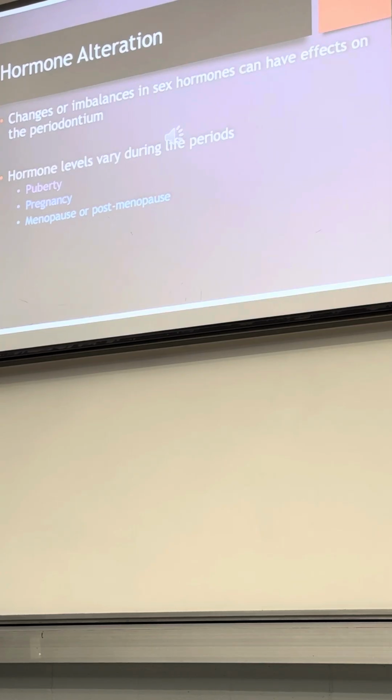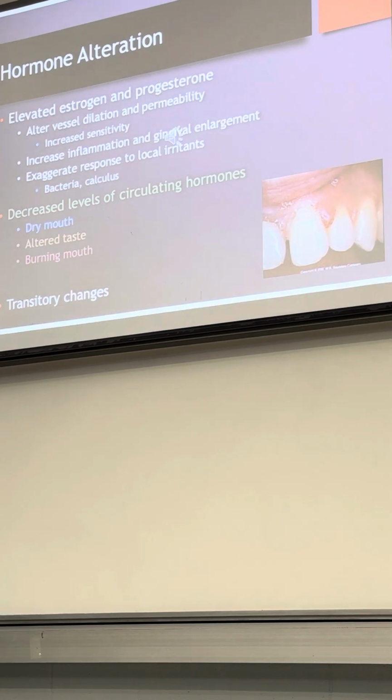So women have all those times, men typically just at puberty. With hormone alteration, elevated estrogen and progesterone are what's increasing during these times. It alters the vessel dilation, so there's increased sensitivity there.